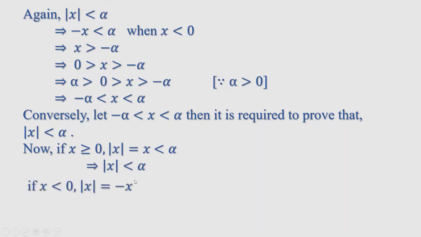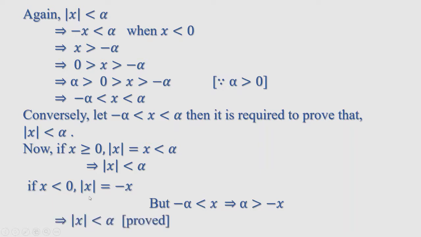So our proof is complete when x is non-negative. If x is negative, then modulus of x equals minus x, but x is greater than minus alpha, and this implies that alpha is greater than minus x. So minus x is less than alpha, and modulus of x less than alpha is proved.